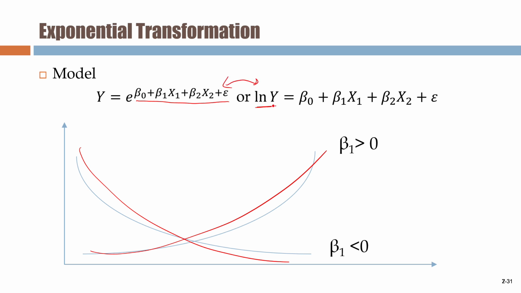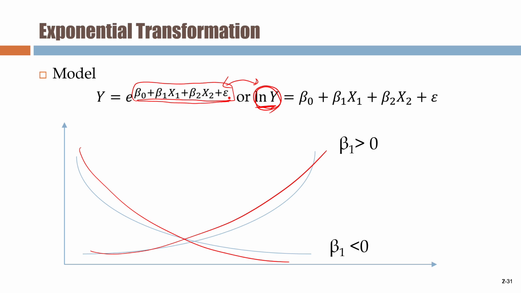If you apply the log onto only the y variable, that's the same as applying the exponential on the independent variable side. So whenever you plot the graph and find that this kind of relationship is not clearly linear, then you can choose exponential transformation.